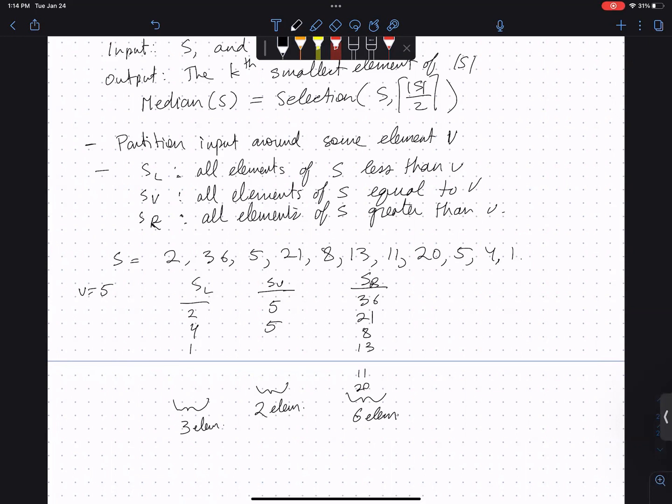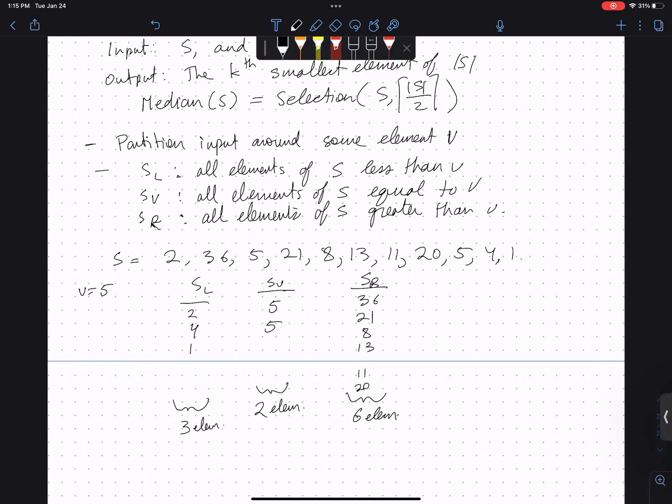If I ask you for the 4th smallest element, how would you quickly tell me the answer? Anybody, any new hands? Yeah. So first through SL, and then move on to SV. Do you need to traverse through SL, or could you just ignore it?